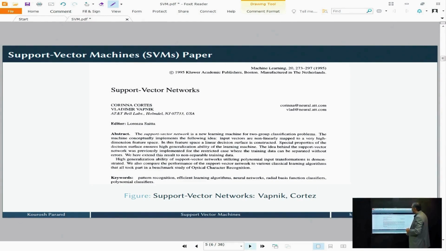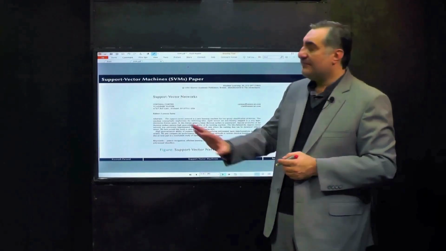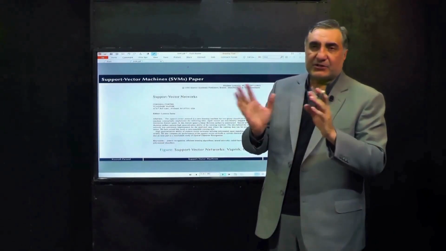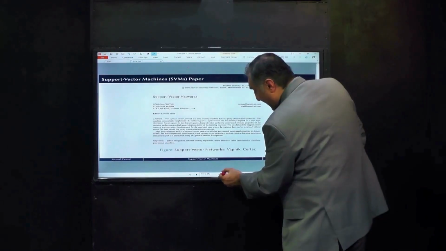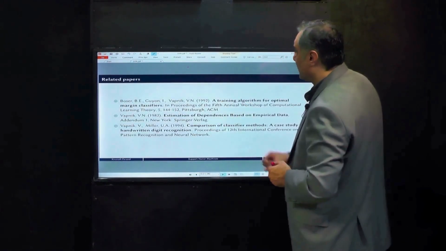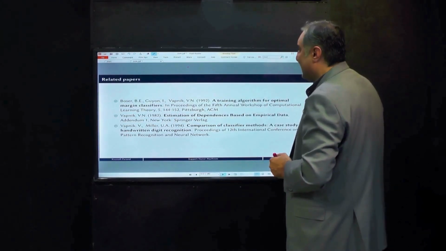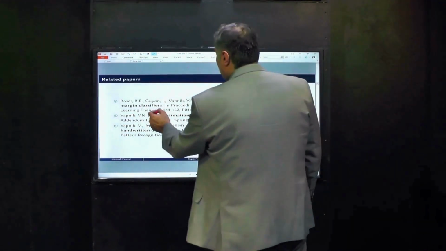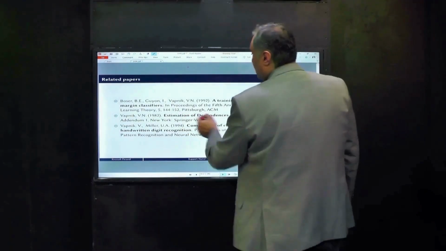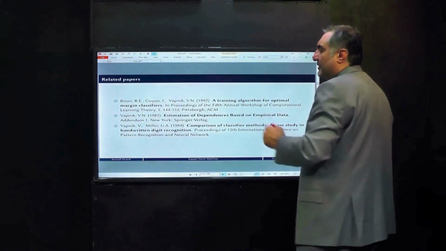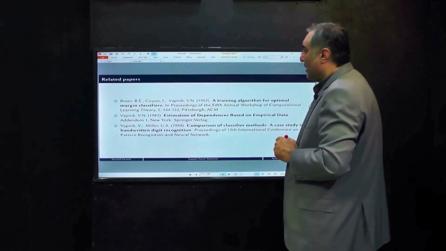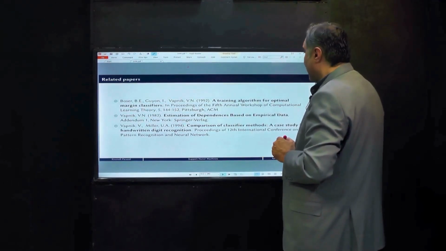We should definitely count it in, and this article has done an excellent job. This article was published in 1995 in the Journal of Machine Learning, and interestingly, it focused on the nonlinear domain and worked more on nonlinear problems. When they mastered this field, and in their previous articles, which you can see here, in 1992, in 1982, and in 1994, with various people, as you can see, they worked on this same topic of support vector machines.